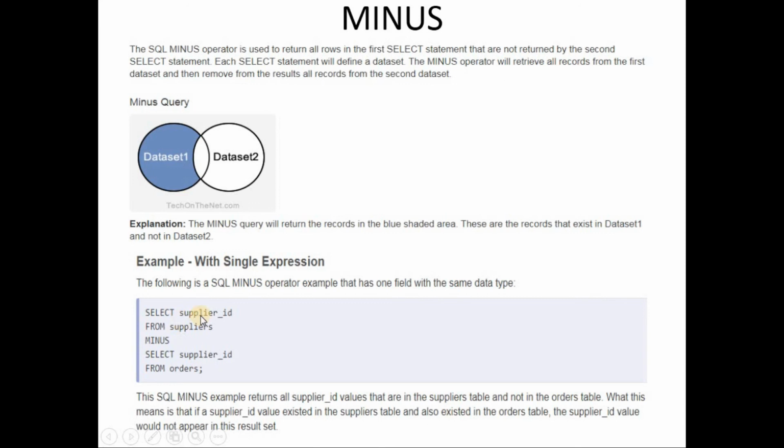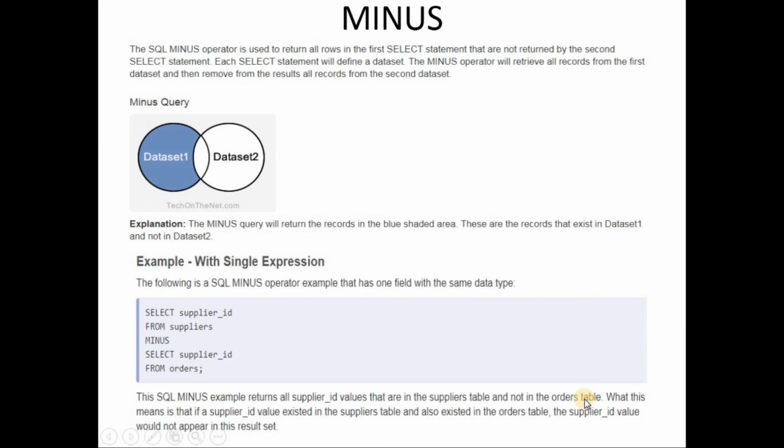If you go directly to the example, then you will understand automatically. This SQL minus example returns all supplier ID values that are in the supplier table and not in the order table. What does it mean? If the supplier ID value exists in the supplier table and also exists in the order table, that supplier ID would not appear in the result set.